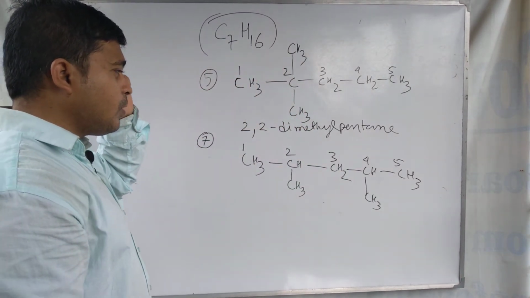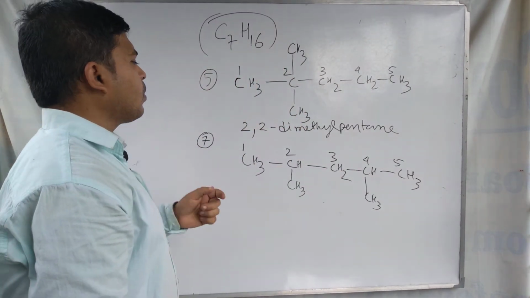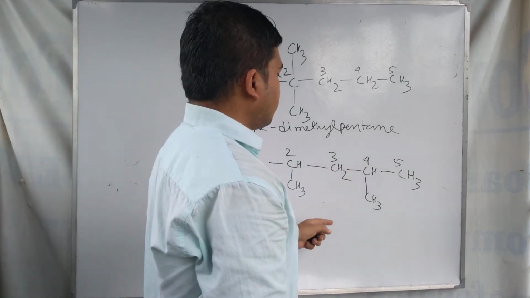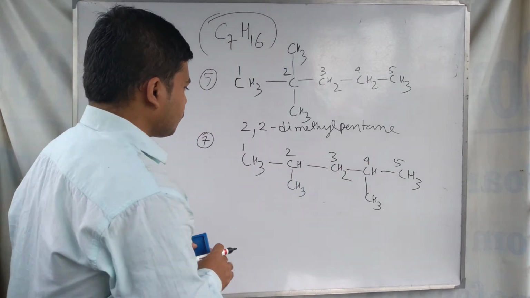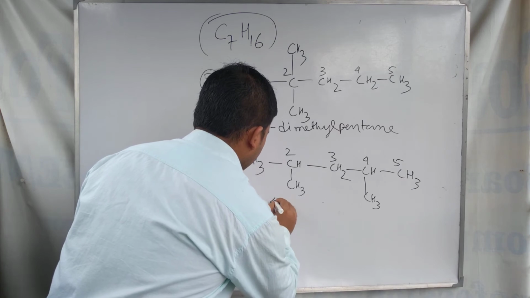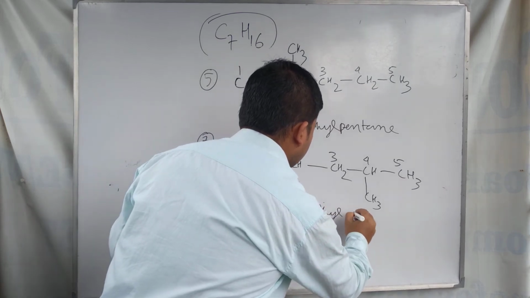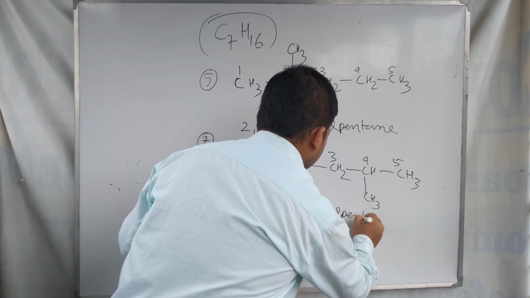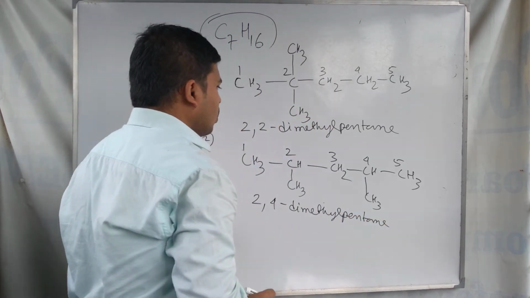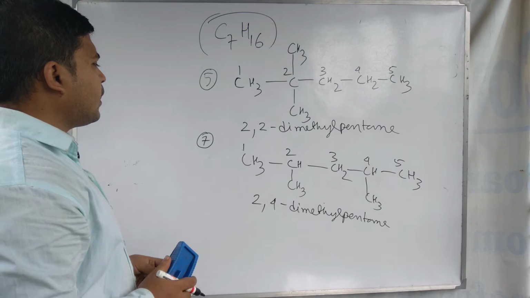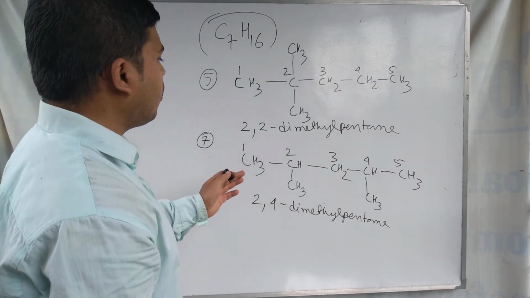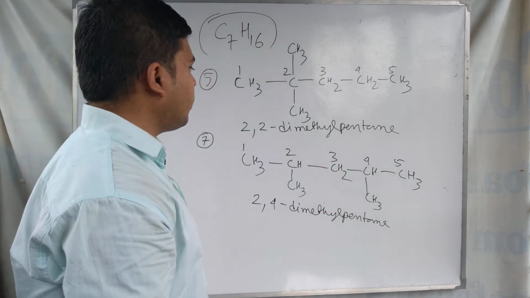Now the name of this molecule is 2,4 dimethyl pentane. Now we draw the structure of the isomer and it is called 2,4 dimethyl pentane.